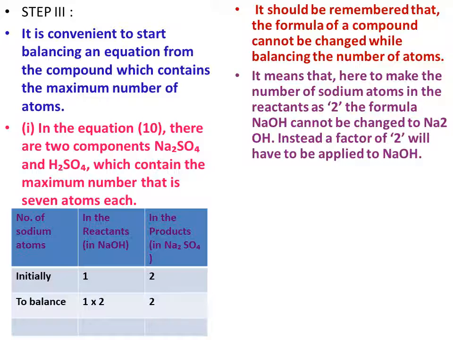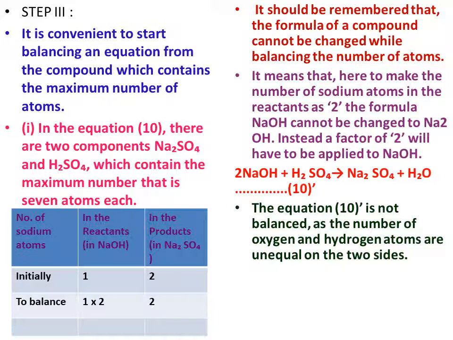Instead, a factor of 2 will have to be applied to the NaOH. So the reaction is 2NaOH + H2SO4 → Na2SO4 + H2O, and this is equation (1)'.